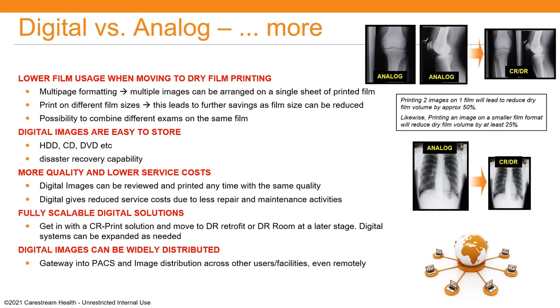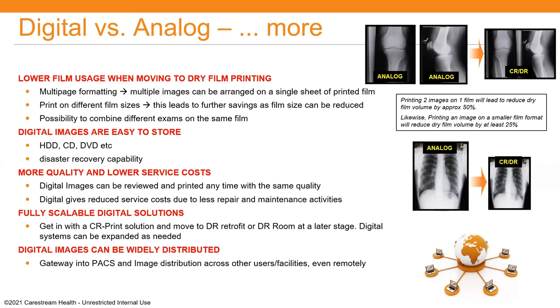With the digital workflow, like you do with your digital images at home, you can compose your page as you wish, okay? And at the end, you can put more images on your film. So this means that you will be printing fewer square meters of film with a digital solution compared to the square meters used in the current analog film workflow.